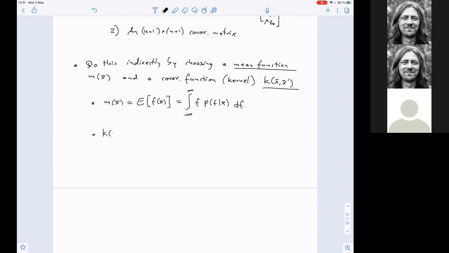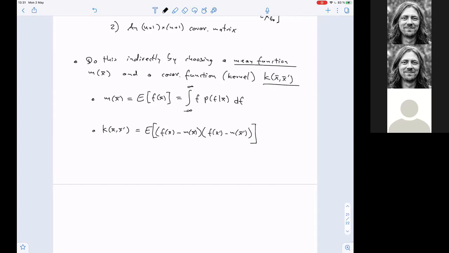And the covariance function with inputs x and x prime is the expectation value of f of x minus the corresponding mean times f of x prime minus its corresponding mean. So again, mean values and covariance values in f space.